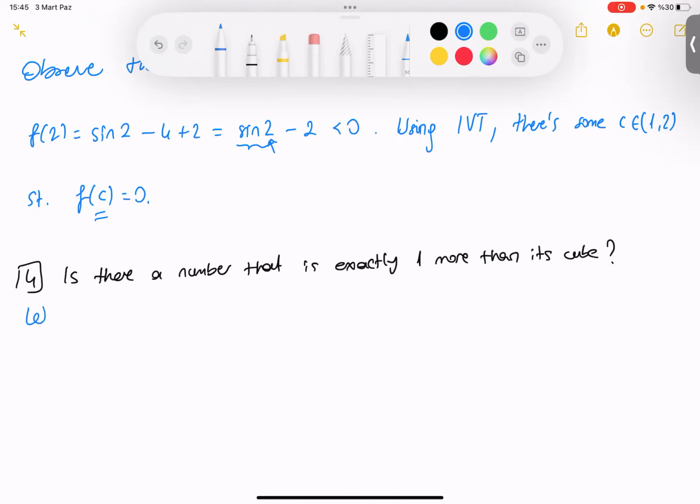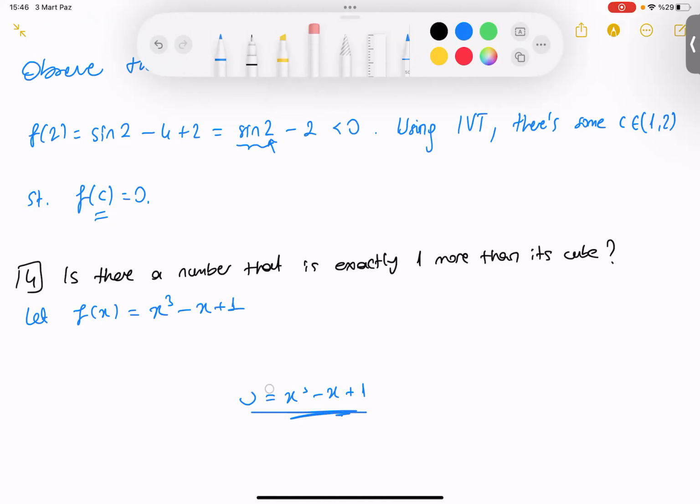So let f of x be what? Is there a number that is exactly one more than its cube? So you need to solve this one, right? Which gives you this. So if there is such x, you will get this equality. Let's define the function using that then.